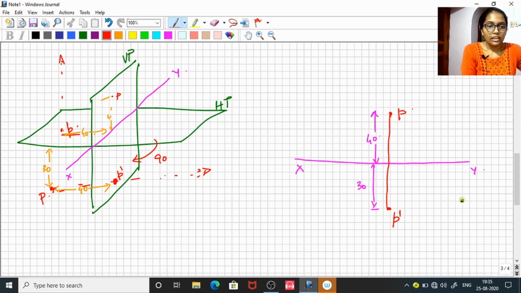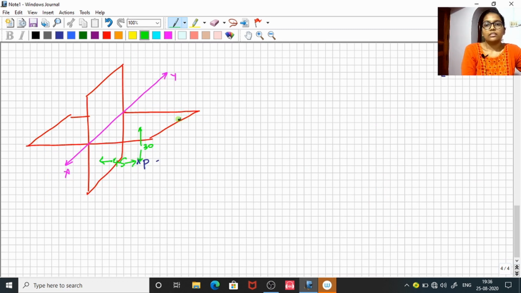Okay. And finally, see, I have kept a point in the fourth quadrant which is 30 mm below HP and 45 mm in front of VP. So let us draw. First we start with drawing XY line, which is the reference line, and when the observer is viewing this point, the line of sight is this, and line of sight hits vertical plane.